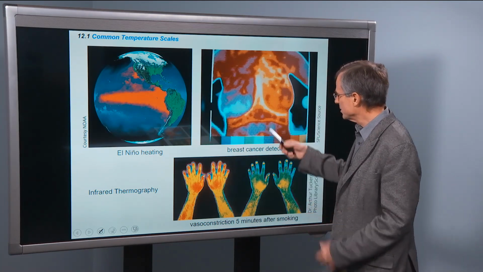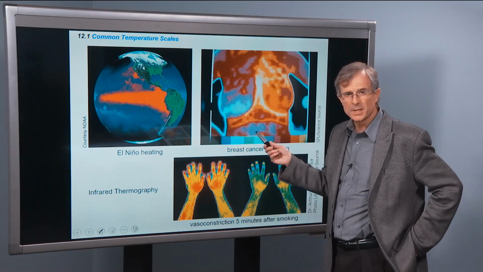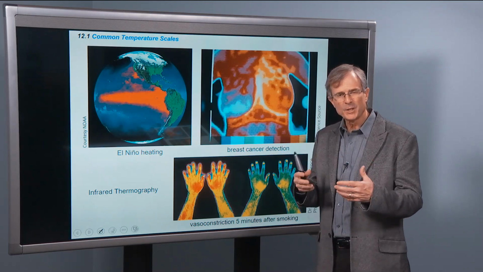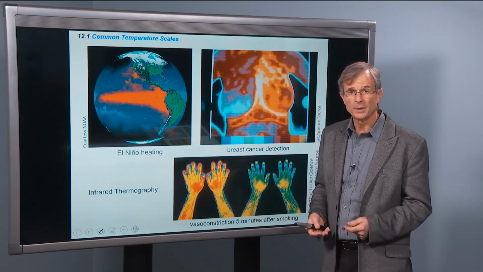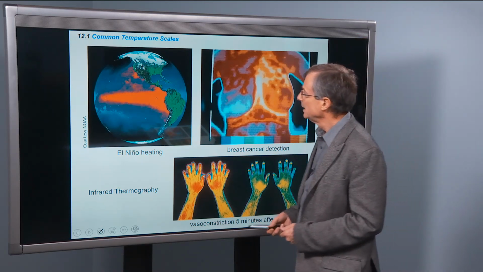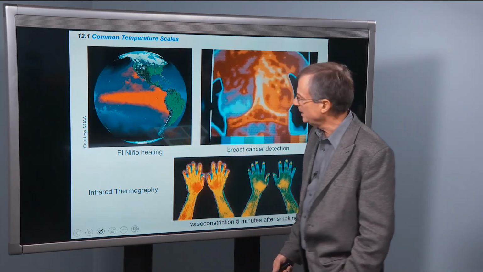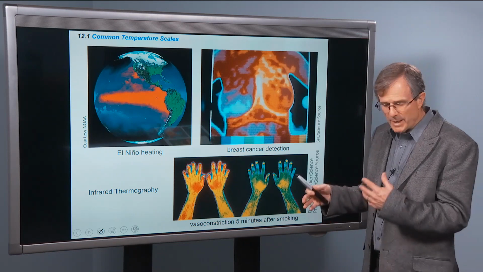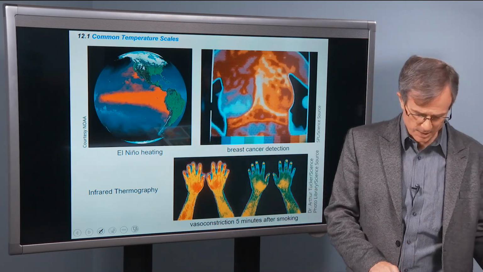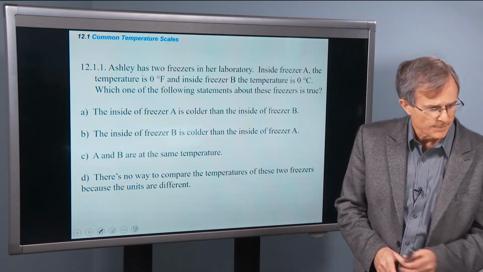This is a demonstration of breast cancer detection, which can be detected by changes in temperature of tissues. And then this is a demonstration of El Niño heating. So these are ways of measuring, detecting temperatures in bodies.